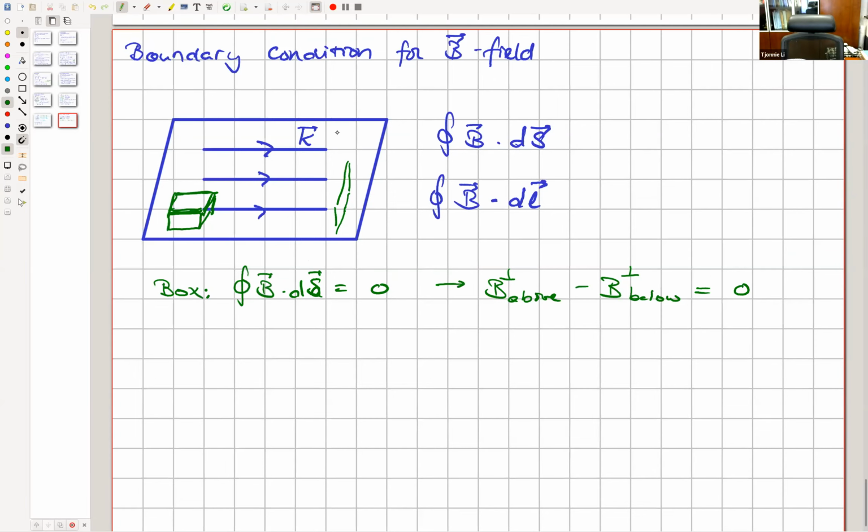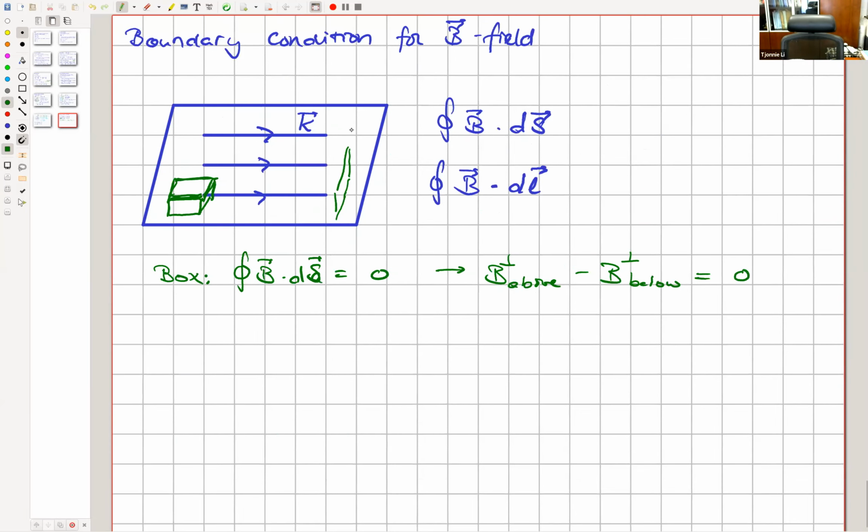But I can also draw a loop that goes along with the surface like this, along with the current. But it doesn't make a difference whether I'm drawing the loop that cuts through the current or one that is along with the sheet current.